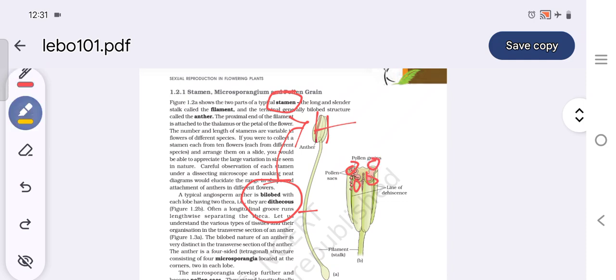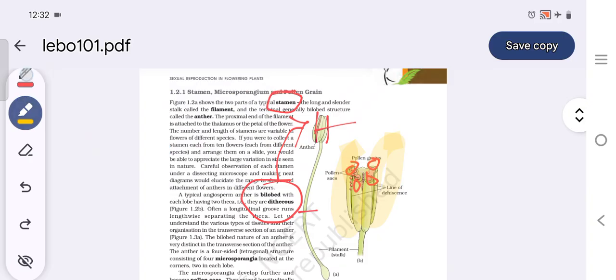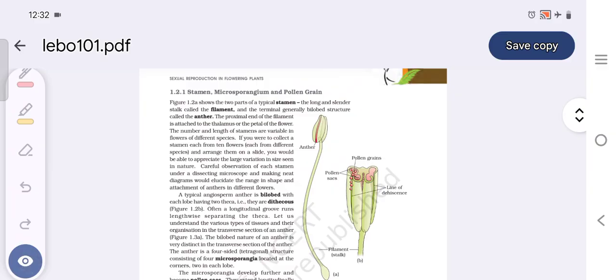This is one lobe and this is the other lobe. Each of the lobes has two more theca. So the important words we have over here are bilobed and dithecous.